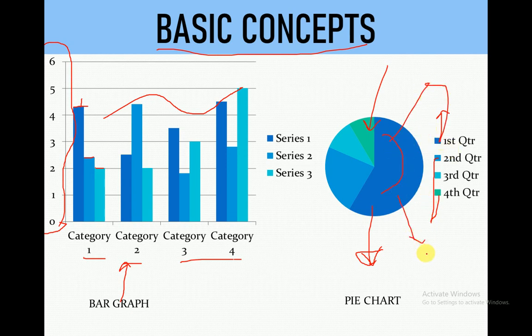Suppose this is X, this is Y, this is Z, and this is A. All these values would be provided by the examiner, and you have to calculate and manipulate the data given. This is how you have to approach. Now let's see what a pie chart is.